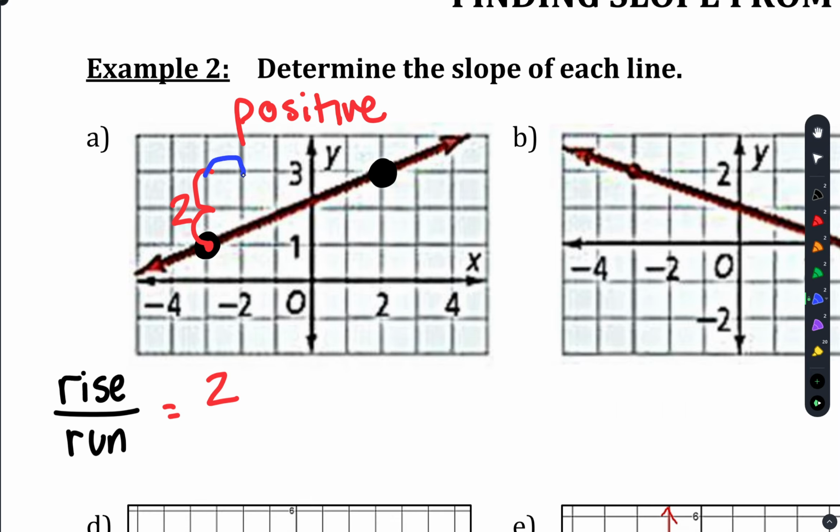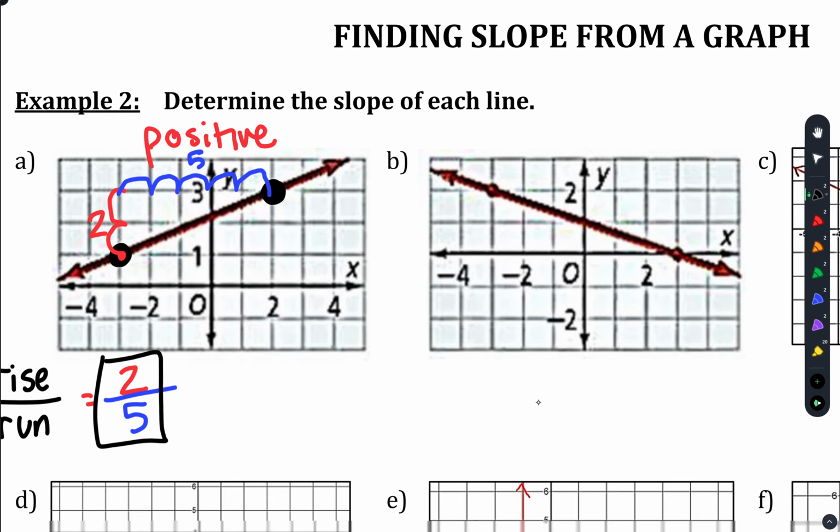I go 1, 2, 3, 4, 5 to the right. There's my slope, 2/5. If that fraction is not simplified, you should be simplifying it. That's all I got to do there. Questions?